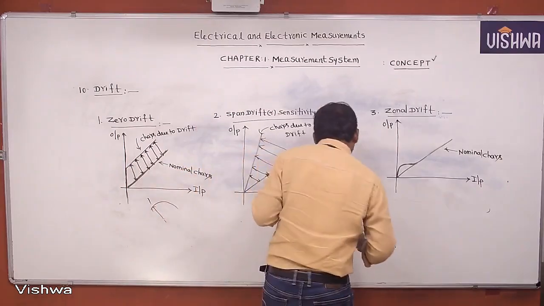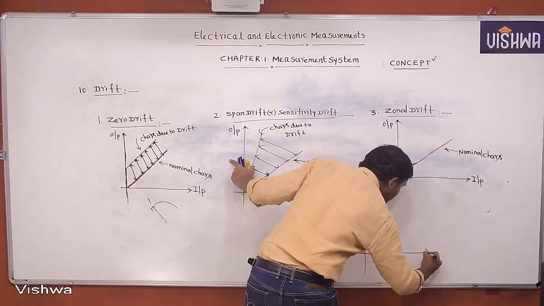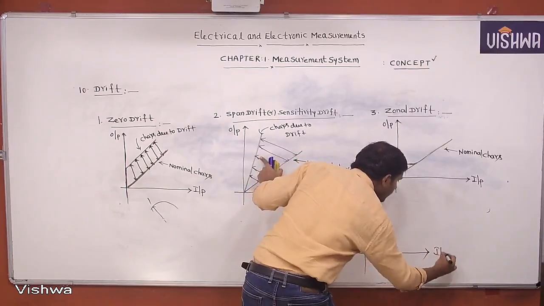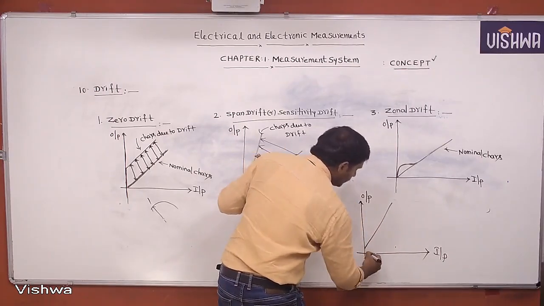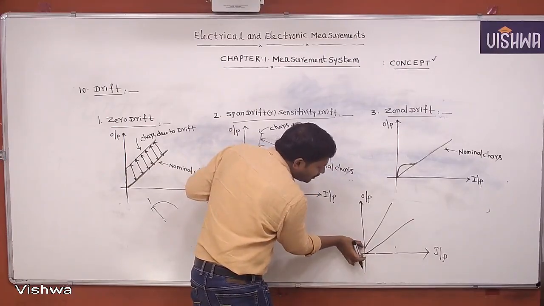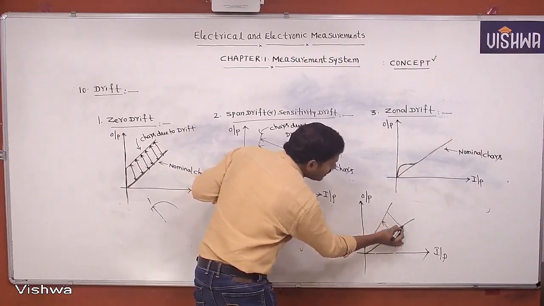The point to remember: if in any instrument we draw the characteristics between output and input and get characteristics like this, then there is a drift at 0, and as the range increases, the drift also increases.